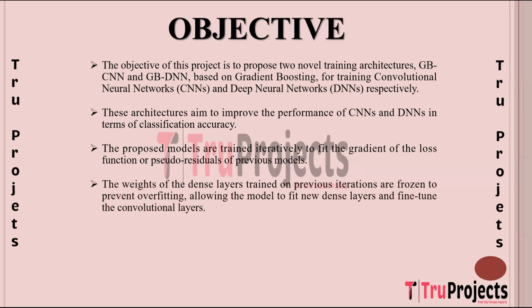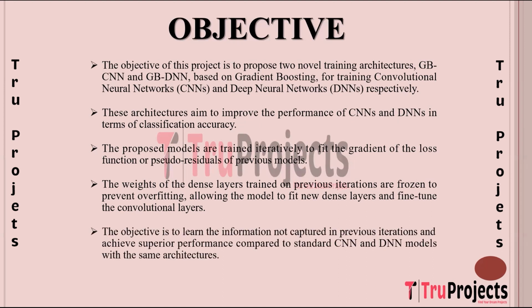To mitigate overfitting and allow for more effective learning in subsequent iterations, the weights of the dense layers trained in previous iterations are frozen. This strategy prevents the model from excessively fitting to the training data and enables it to focus on learning new information in the subsequent layers while fine-tuning the convolutional layers. The ultimate objective is to capture and learn information that previous iterations have missed.